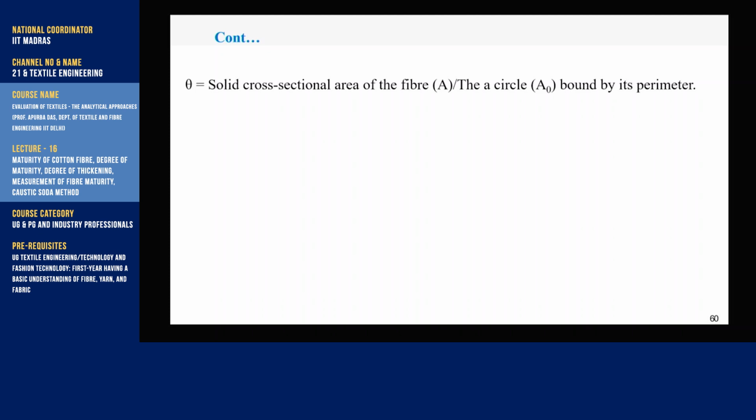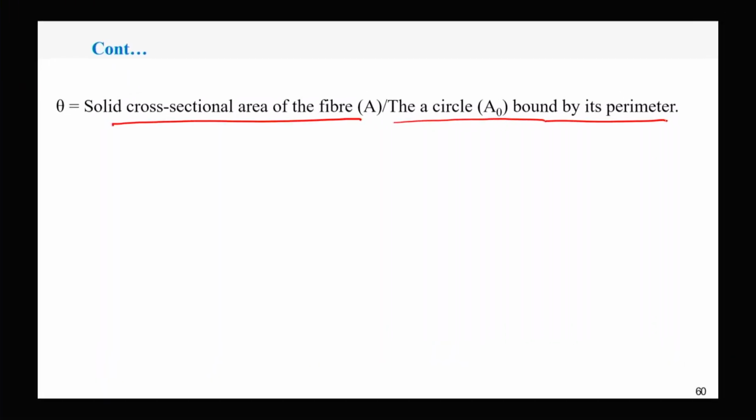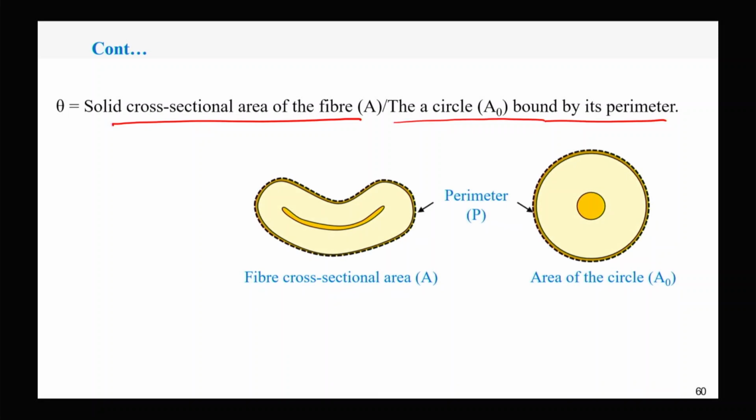So the solid cross sectional area A of the fiber is compared with a circle bound by the same perimeter, whose cross sectional area is A0.